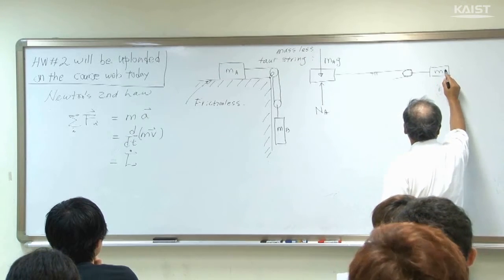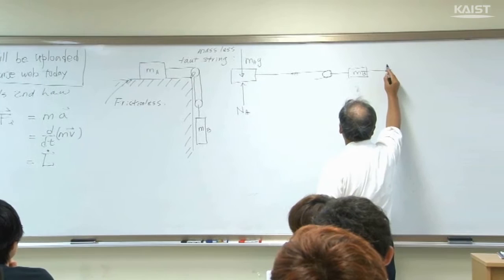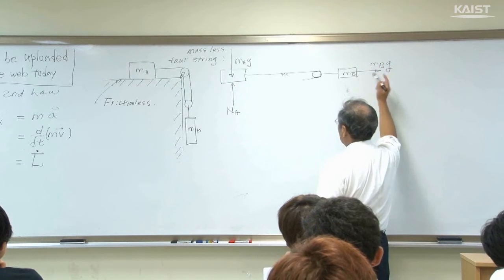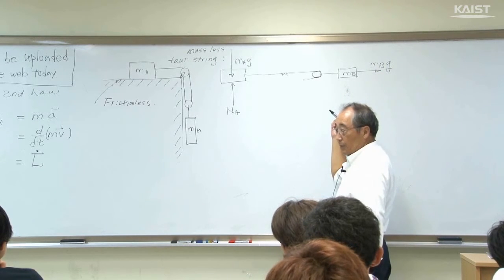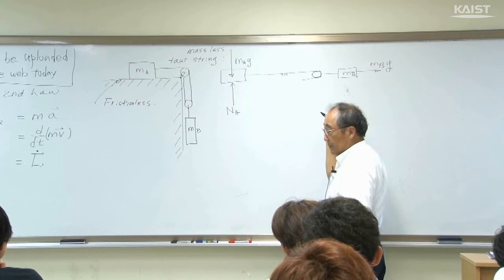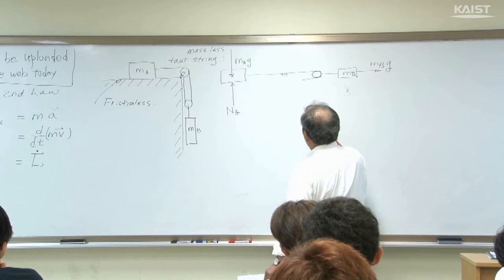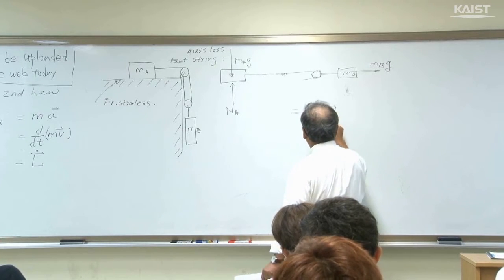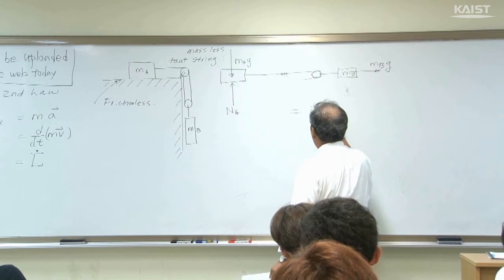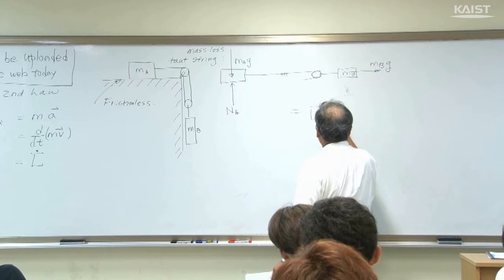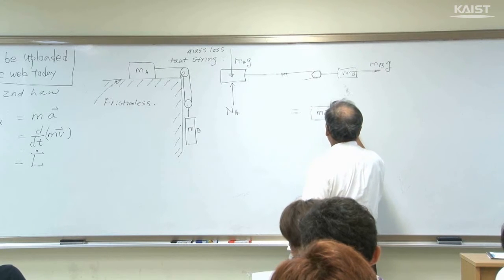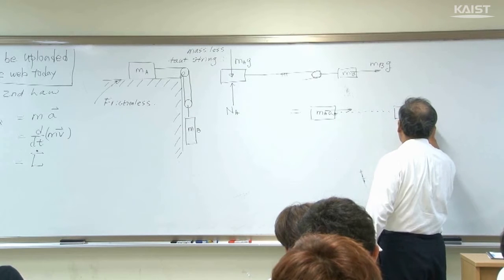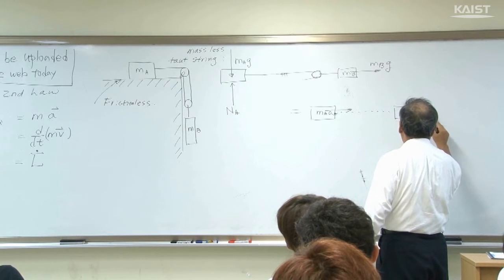And this mass will exert some force, MBG, due to the gravitational force field. And that has to be equal to, applying Newton's second law, MA AA, that is the acceleration in this direction, and then this has to be MB AB.